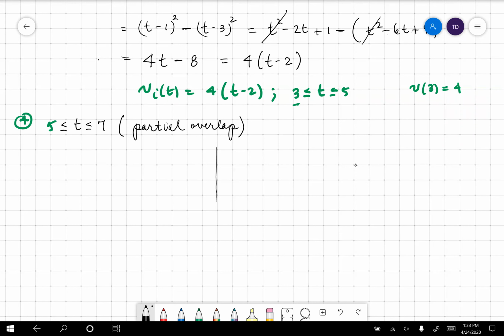Typical picture. Always draw a typical picture. Easy to see, easy to understand. 1, 2, 3, 4. Scroll a little bit further. Our blue function. Keep in mind that that's 4. Our red function now looks something like this.